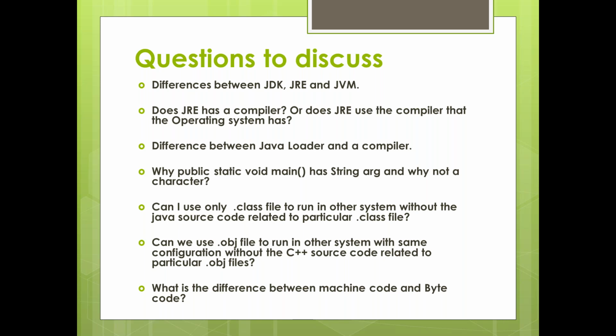But while running a program, we use a command called java. What does java actually do? It creates a JVM. JVM in turn will provide all the necessary things that are needed for running your Java program.